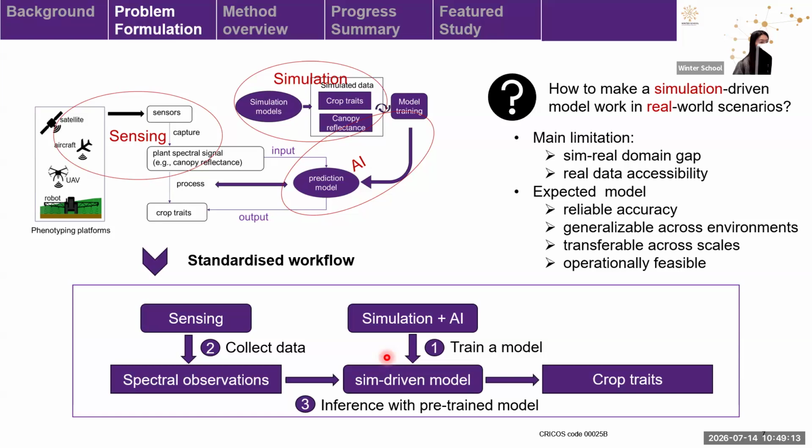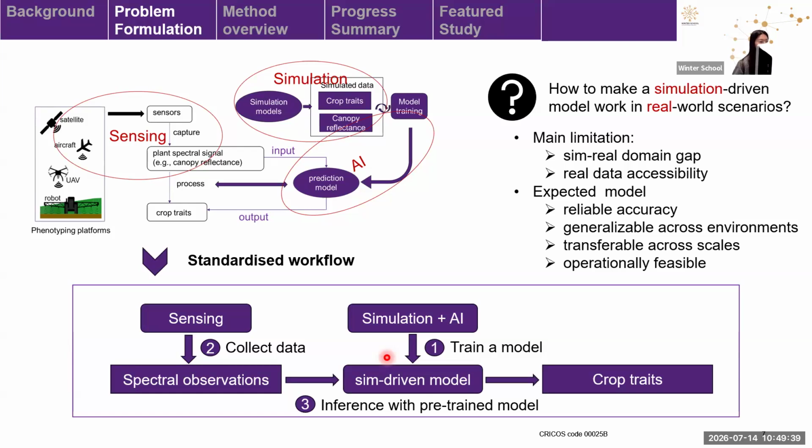The second is the accessibility or availability of the real data you can use. When we develop a model, we expect it to have a few characteristics. The first is that we hope the model can provide reliable accuracy. We also hope our model can generalize well across different environments.